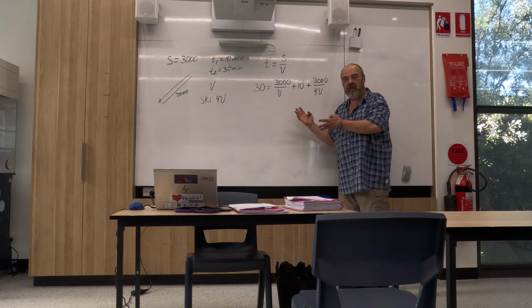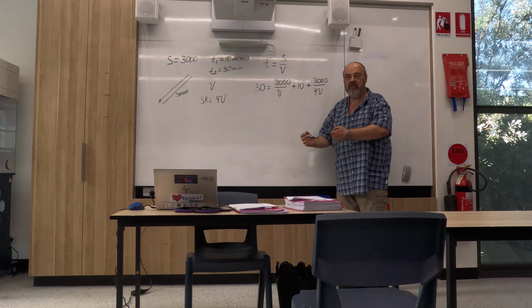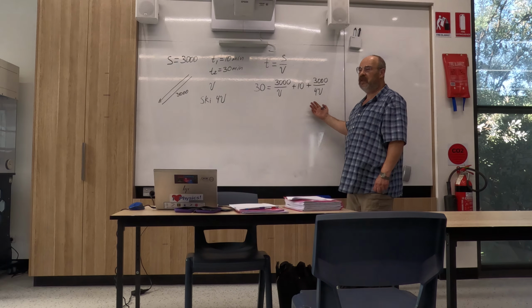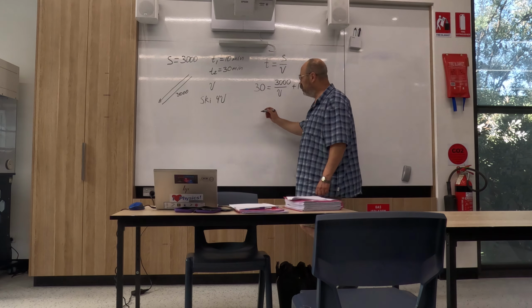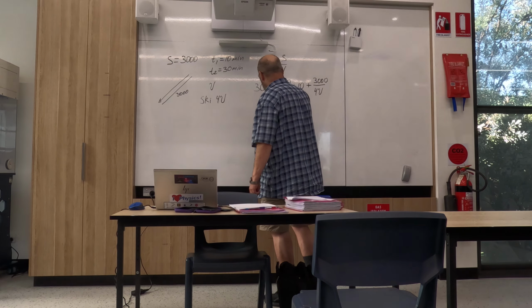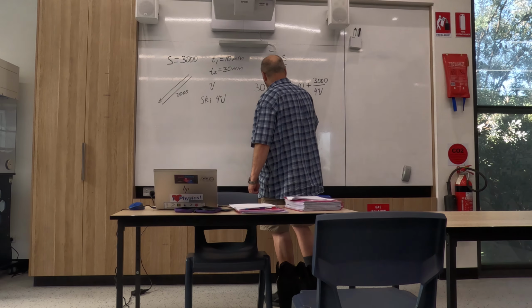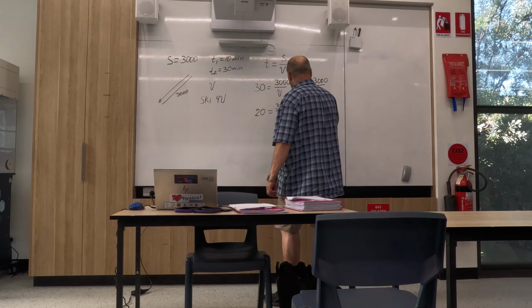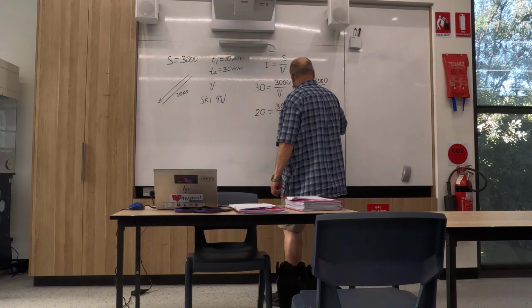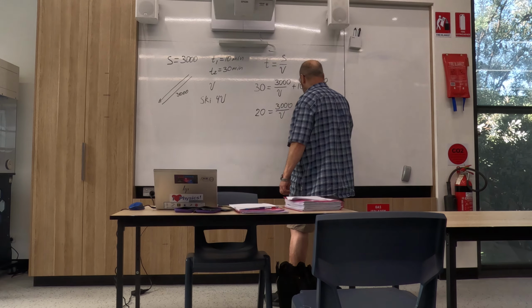So what we did, we translated this word equation into the language of mathematics. And then it will not be too hard to solve it. 20 equals 3,000 divided by v plus 3,000 divided by 4v.